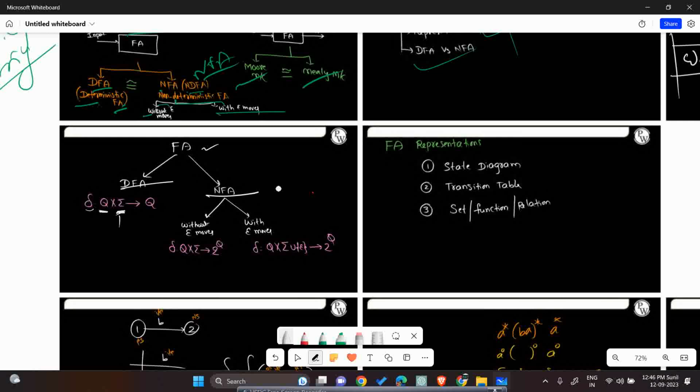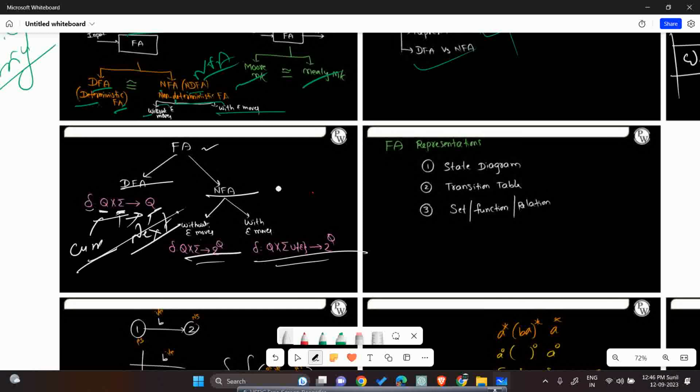Then we will transit to the next state, from the current state to the next state, and there will be a rule for this. NFA without epsilon moves, the non-deterministic finite automata, we will see after that. This is the transition function.